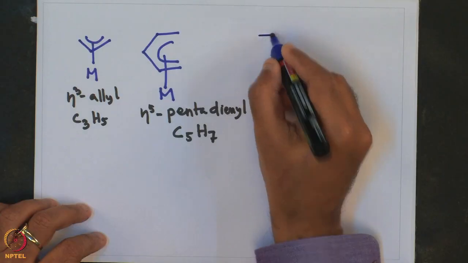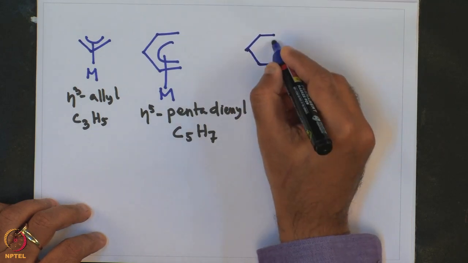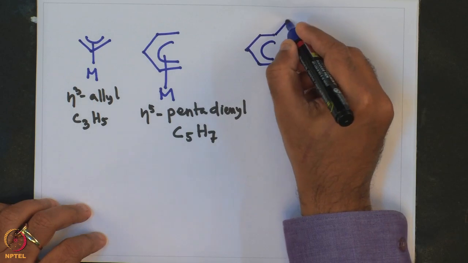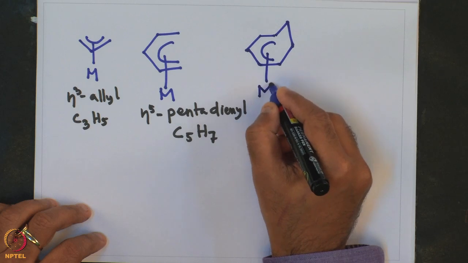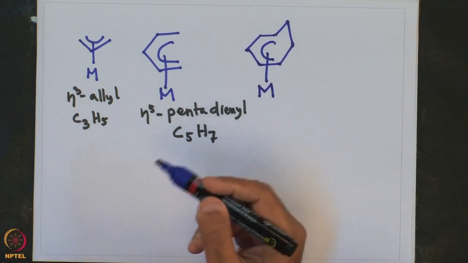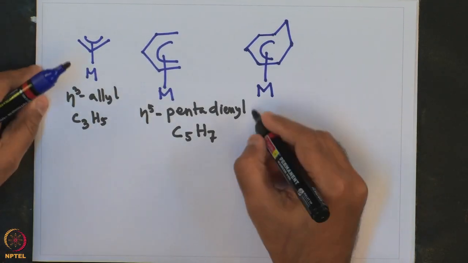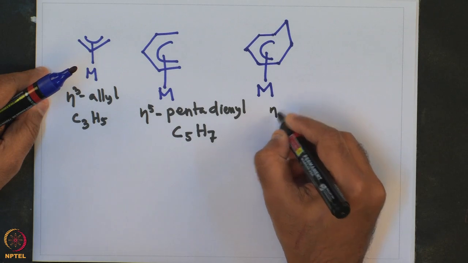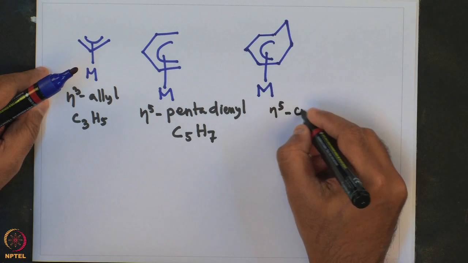Similarly, there is C7H9, which binds as eta 5 cycloheptadienyl.